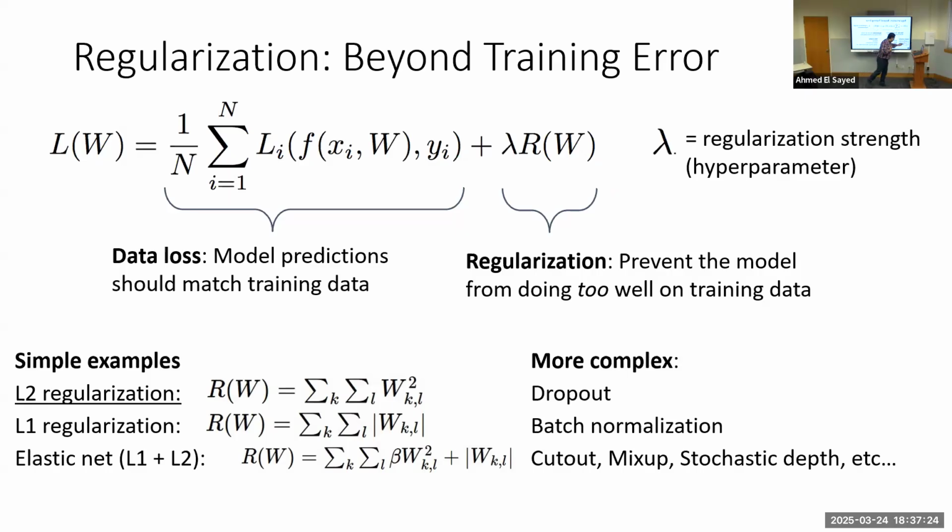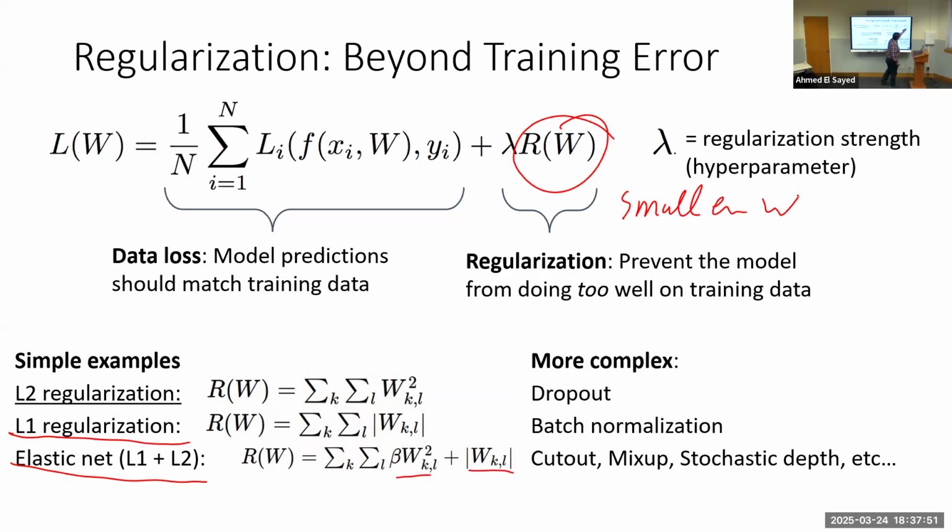Some people think about the L1 distance, which is the absolute value of the W's. Some people think about something called elastic net, which mixes the absolute and the square. In all cases, any of those will guarantee that this term will give us smaller W. Why smaller W? Because we are adding it to the loss function that we are minimizing. So distributing the value over all the W's will make them all smaller, rather than giving a bigger value for one and ignoring the others. Okay?